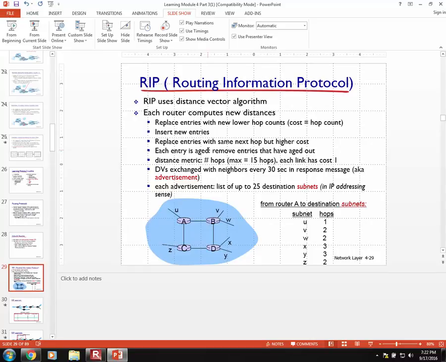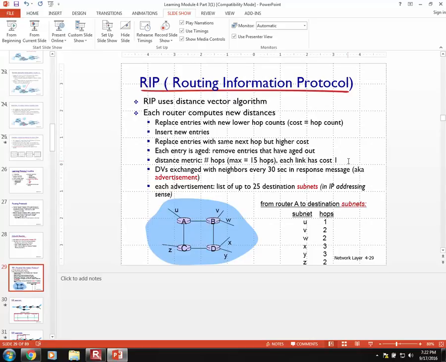Each entry is aged, and entries get removed that have aged out, so we don't have invalid routing information inside of our router. And basically, the distance metric, like I mentioned before, is a number of hops with a maximum of 15, and each link has a cost of 1.